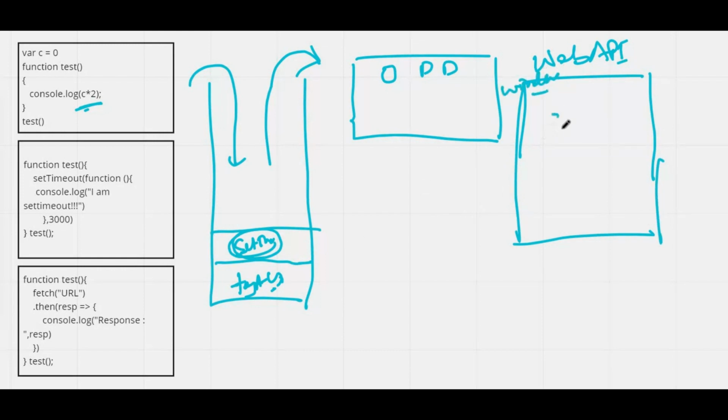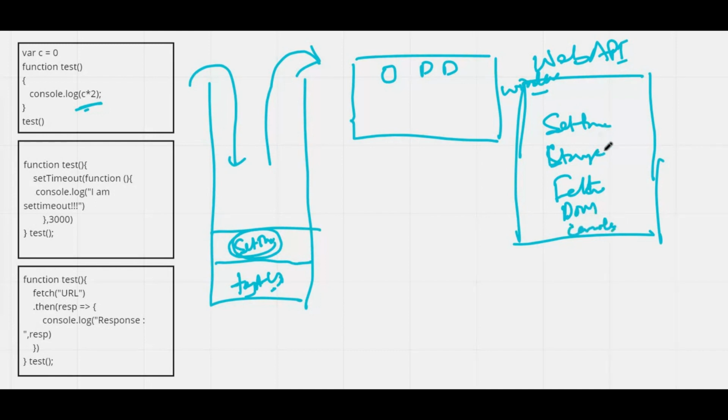And what else is available like this? Your session storage, local storage, your fetch, your DOM manipulation functions like getElementById, getElementsByClassName, getElementsByTagName, those DOM selector functions, and your console.